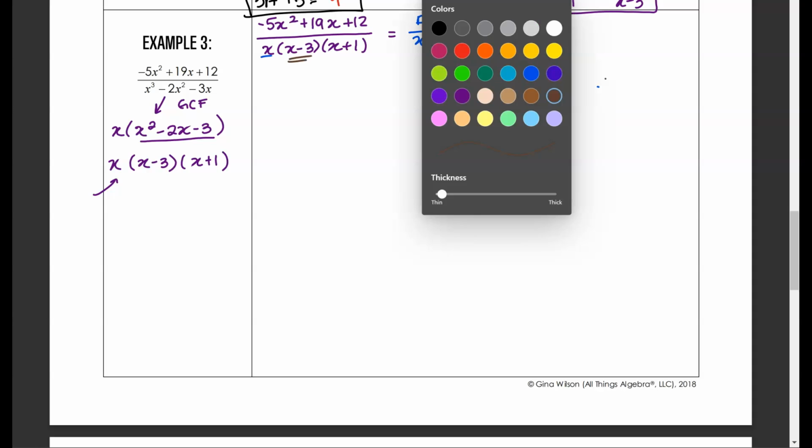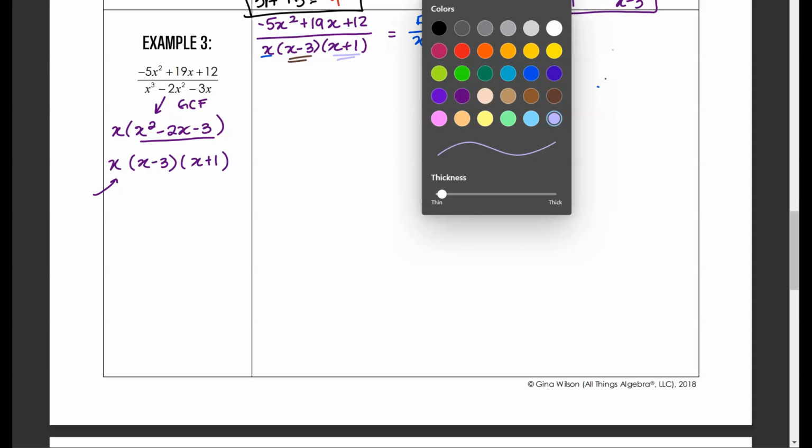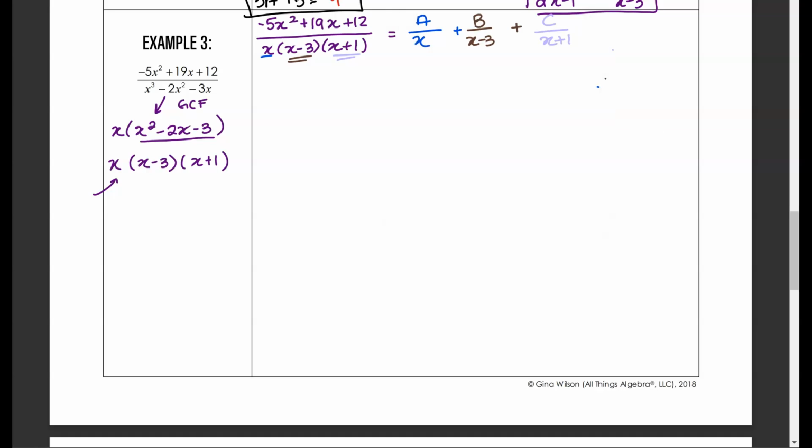And lastly, I'm going to use c under my third denominator, x plus 1. So as you can imagine, because I have 3 variables, I'm going to end up with 3 equations, and we're looking at a 3 by 3 system here. So let's go ahead and figure out what this has to be.